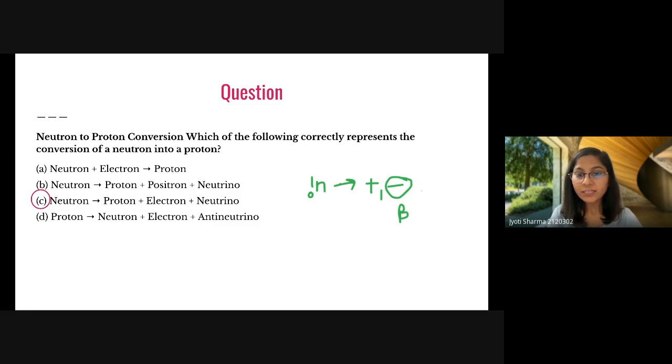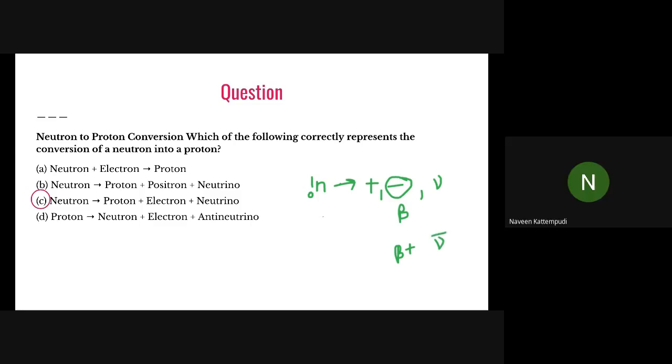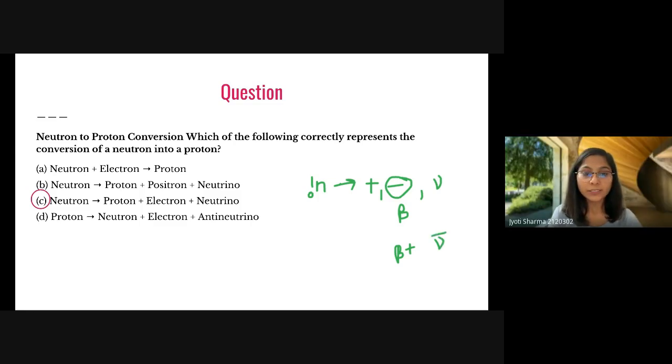Then this will give us the neutrino, shown by this V. But if it gives you beta positive instead of beta negative, then this will give you the antineutrino. So based on that, the neutron gives you the proton, meaning plus charge, and this is the negative charge. This is how it balances: no charge on the neutron, and plus neutrino. So C is the right answer.